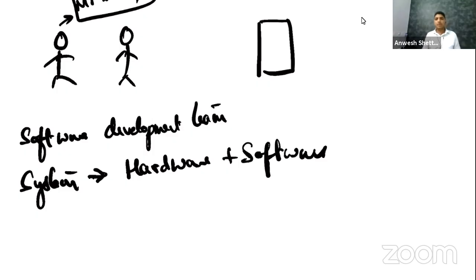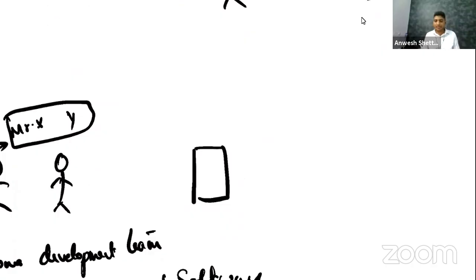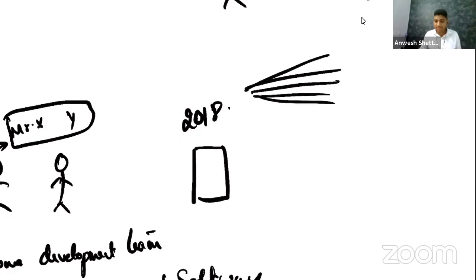They want so many computers, so many servers, so many networking devices. So they will put in a small amount of money and procure their system. They will get this software development team ready and develop this software. Now let us say this software is ready in, let us say, 2018.